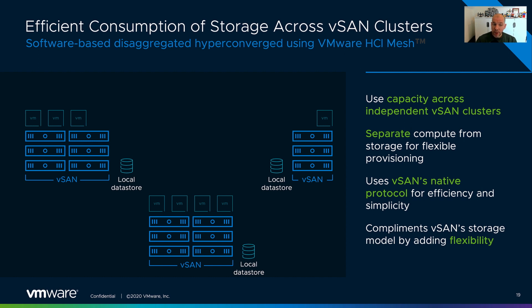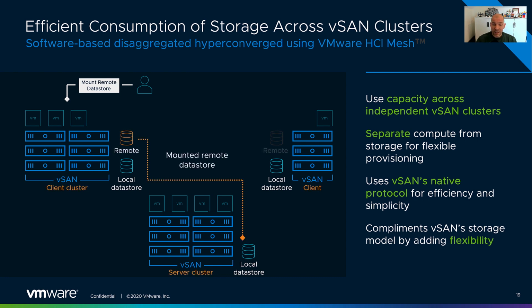You may have already heard the name popping up here and there, but HCI Mesh basically allows you to mount a vSAN data store from one vSAN data store to the other vSAN data store.